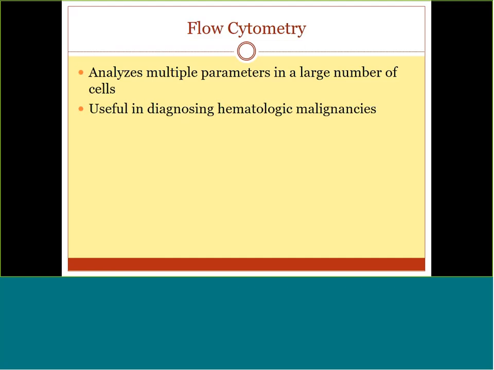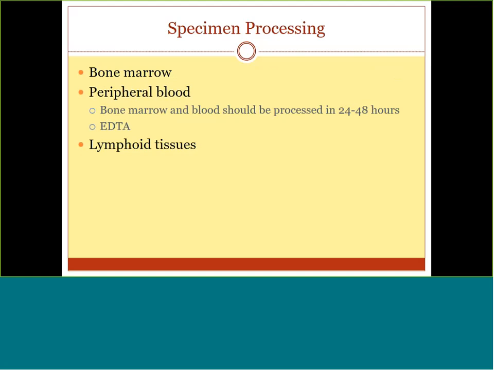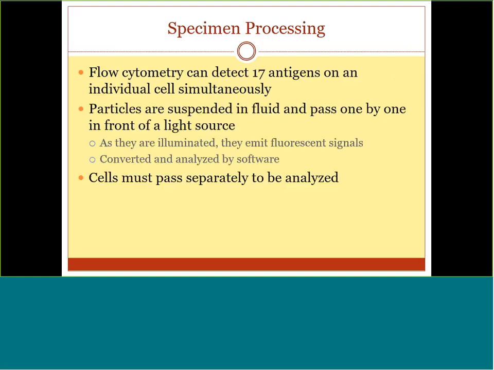But basically, flow cytometry is a special analyzer that looks at a blood sample going through, and it's figuring out what cells are present to help diagnose malignancy. So the main purpose of flow cytometry is figuring out what type of leukemia somebody has. We can use bone marrow, blood, or tissue samples, again, lymphoid tissue samples, I should say.